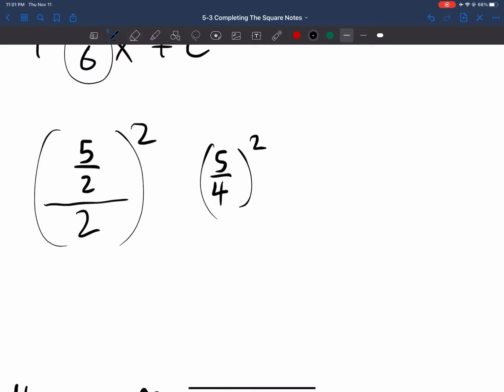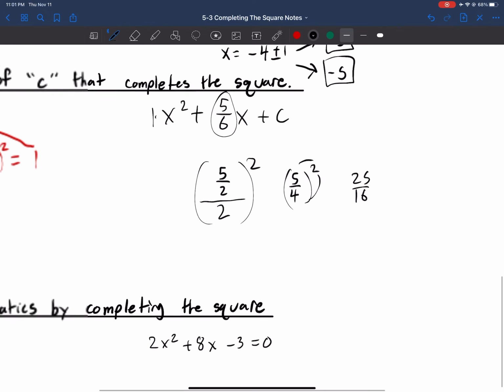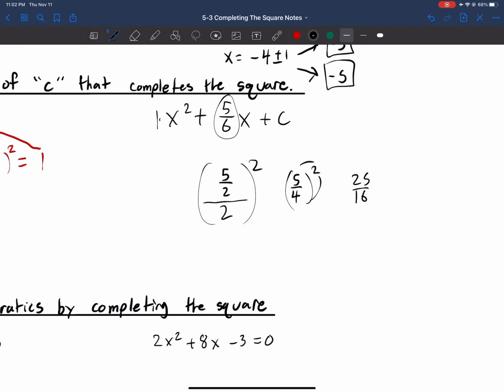And if I square 5 twelfths, it goes to the top and the bottom. So this is 25 over 144. So what is the number squared that will give us a perfect square trinomial? If I have x squared plus 5 over 6 x plus 25 over 144.